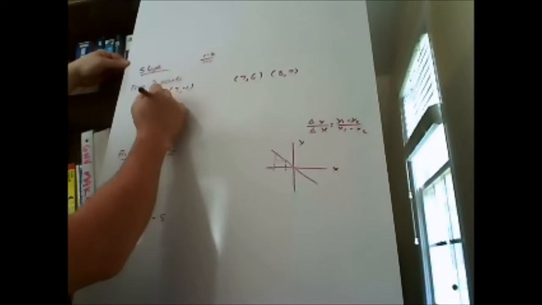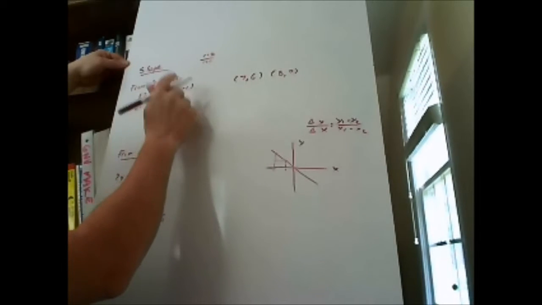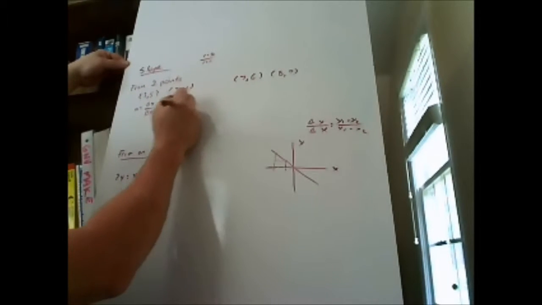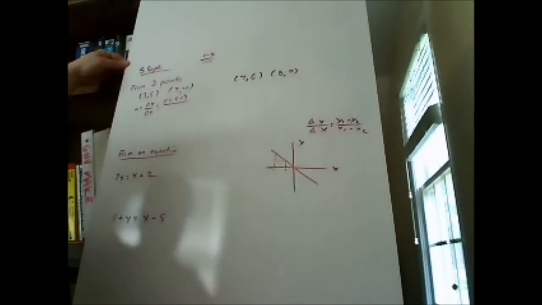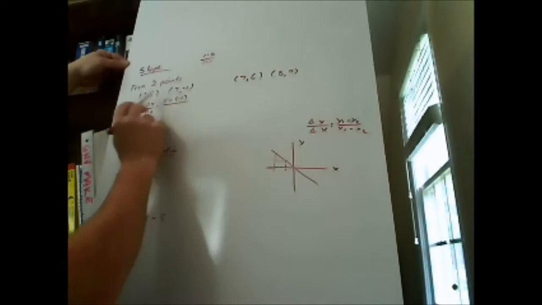equals y1, the first y is a 5, minus y2, the minus 1, over, okay, we have to stay consistent. We can't say x is going to be between this one and that one. No, we have to start right here.